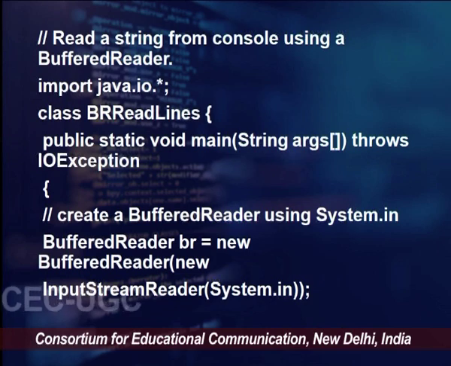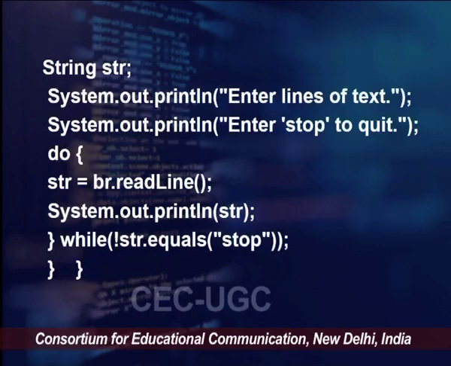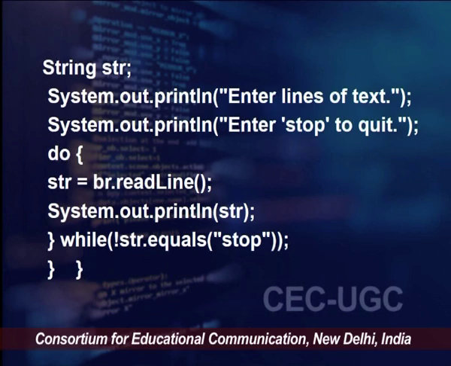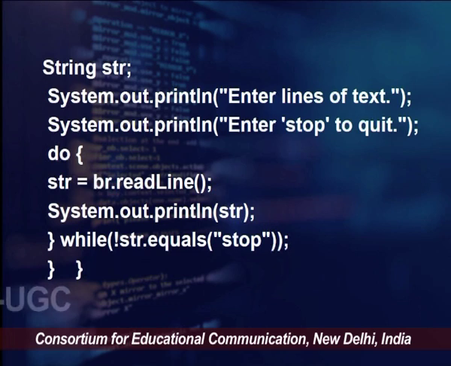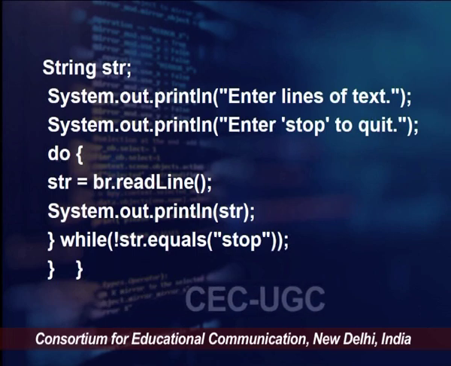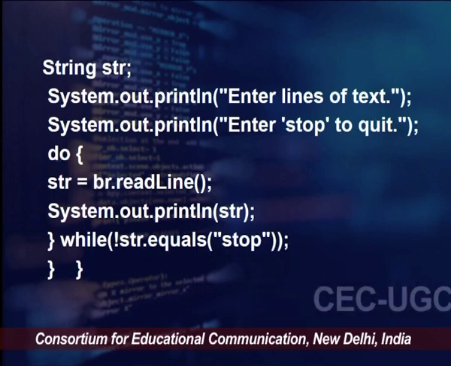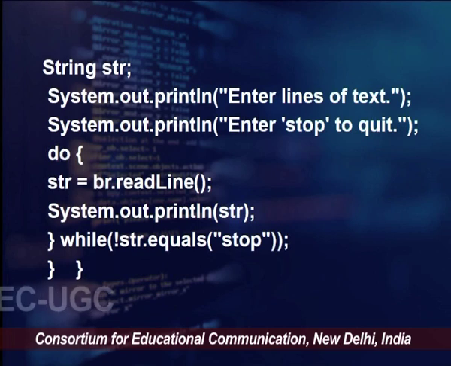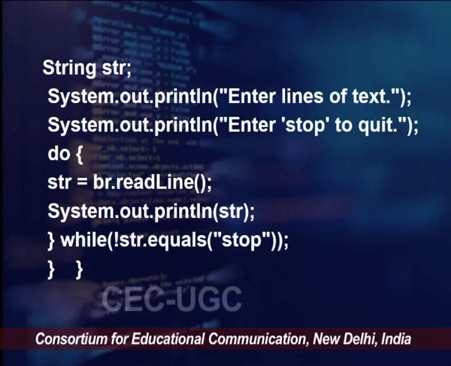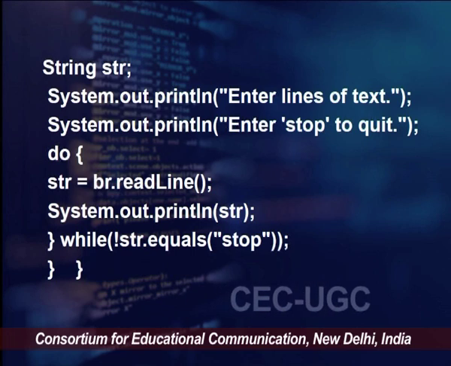There we used a character; here we are going to use a variable str which is of type String. To give a message to the user, we have written System.out.println, enter lines of text, and enter stop to quit. This is also a message given to the user.